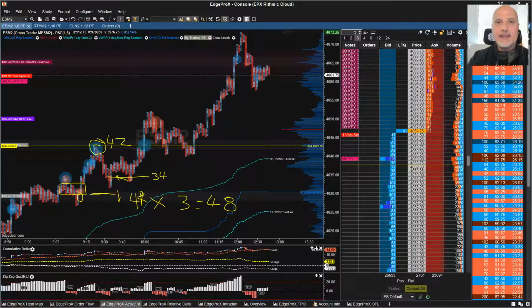That's not the extent of the trade. I'm not looking to exit everything at the trade because I expect the IB to be taken out. Remember, past performance is not necessarily indicative of future results, but historically speaking, the initial balance, high or low, is broken about 95% of days historically. So I expect that to be broken.